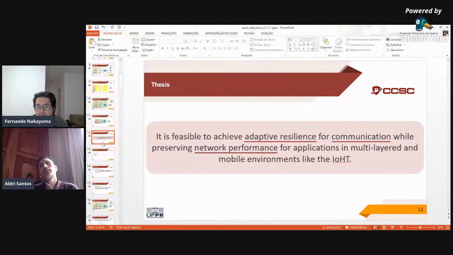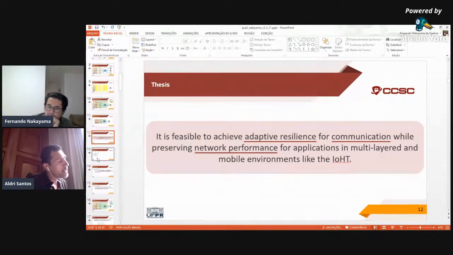One interesting point in this thesis is that they use the verb to achieve. How is it possible to prove to achieve? It's very difficult to say. Let me see the order. I believe this is where we have the research questions.